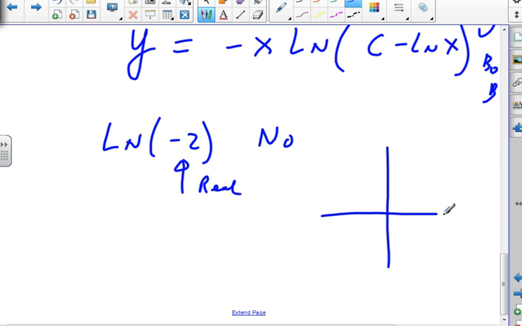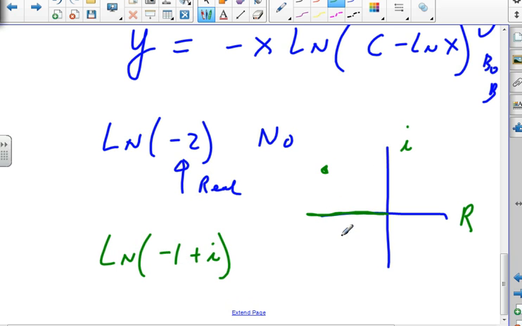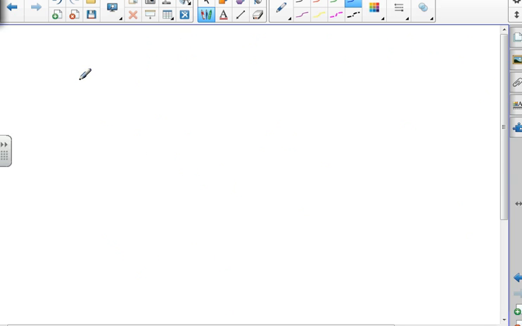So if I have an imaginary axis and a real axis, the only place that that's true is on that number line. I can't take the natural log of something on the real negative number line. That doesn't work. But it won't be until your complex variable class that you encounter that situation. And then maybe somebody will explain to you why.